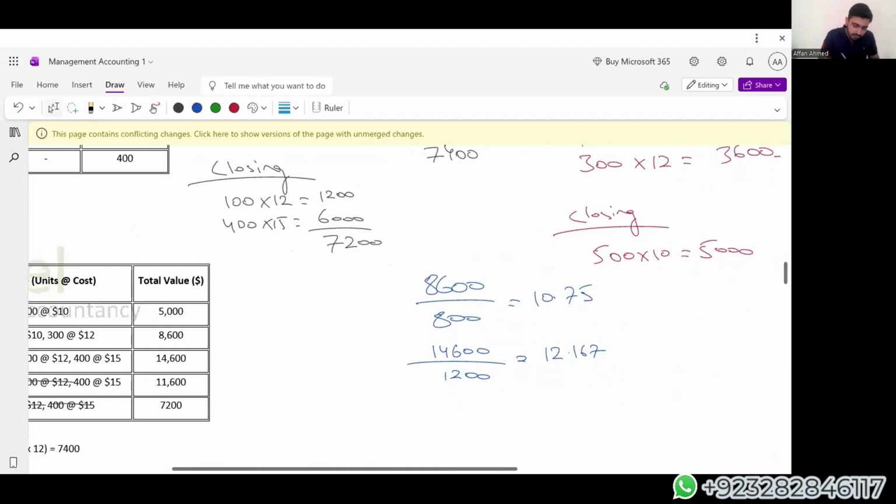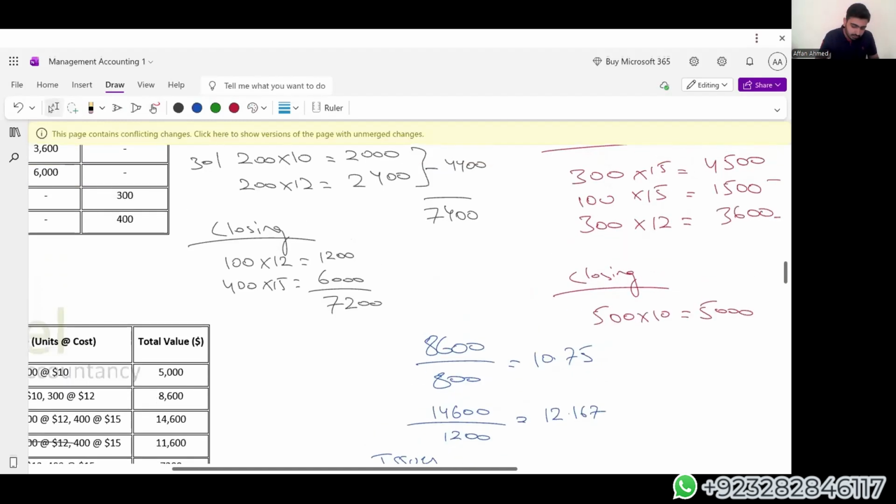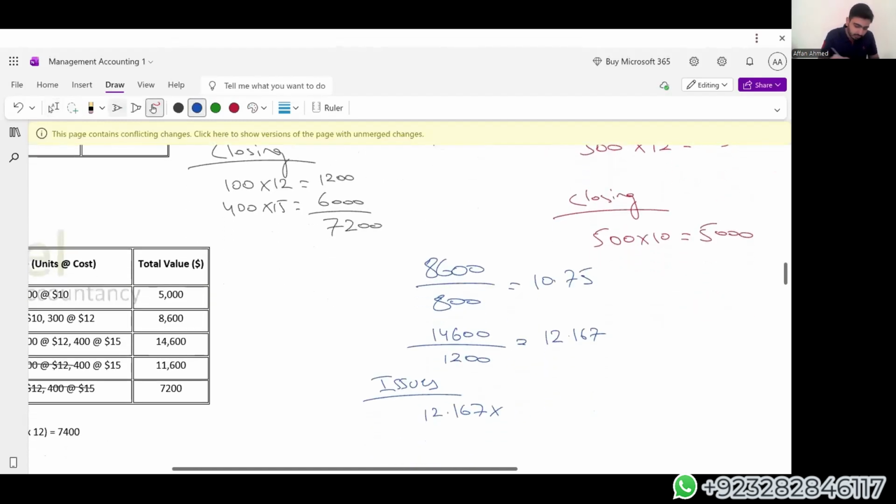So now my issues will be 12.167 into my total. Now the issues are at the same price, so it doesn't matter if I do it separately or together. Now I'm issuing how many units in total? I'm issuing approximately 700 units in total. So 12.167 into 700 brings me to a cost of 8,516.67.